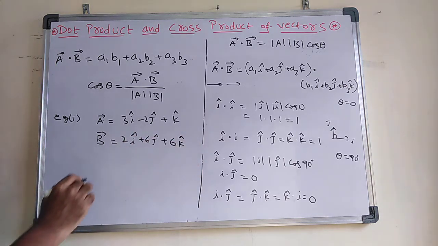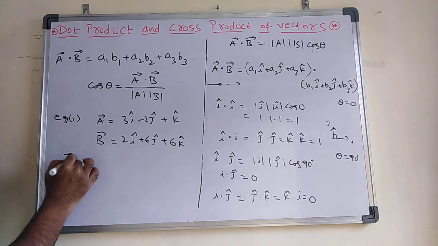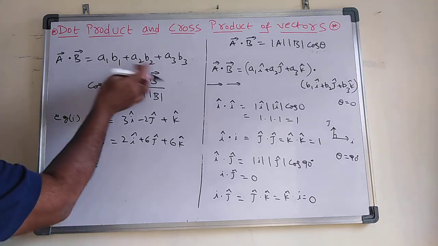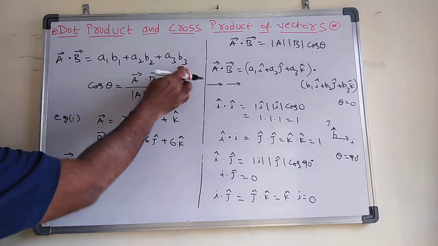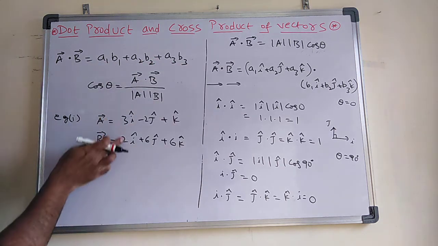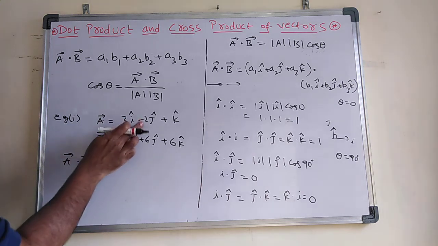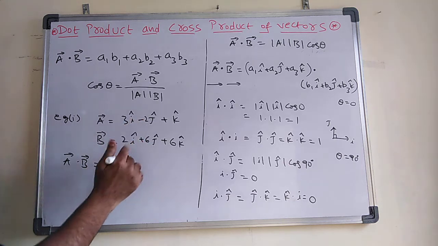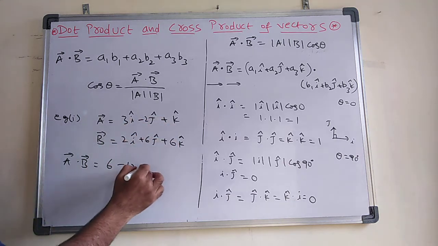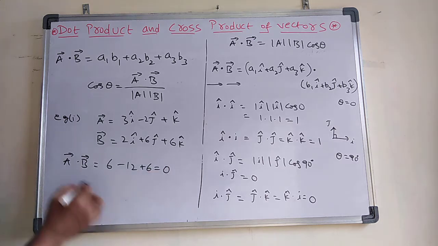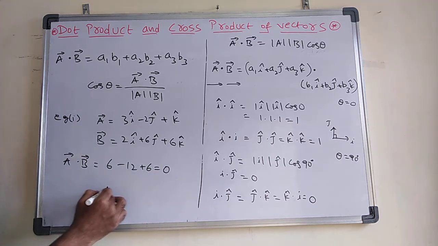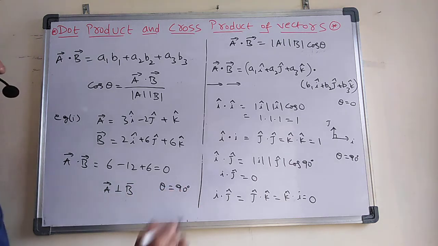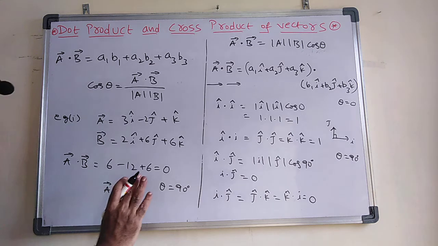When they are given this, how can you do A dot B? Let us use the direct formula: A1 B1 plus A2 B2 plus A3 B3. You just multiply. 3 into 2, 6. Minus 1 into 6, minus 6... 1 into 6, 6. Therefore it is 0. So A dot B is equal to 0. This means A is perpendicular to B and the angle between the vectors is 90 degrees. Are you following what I am saying here?